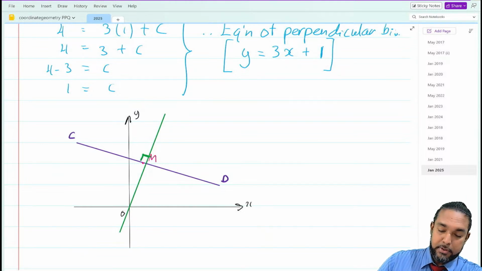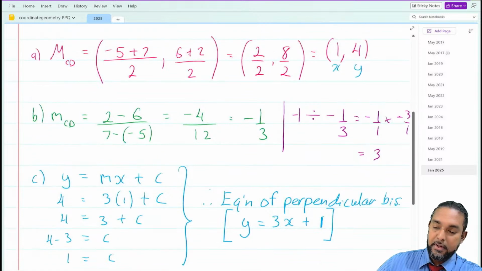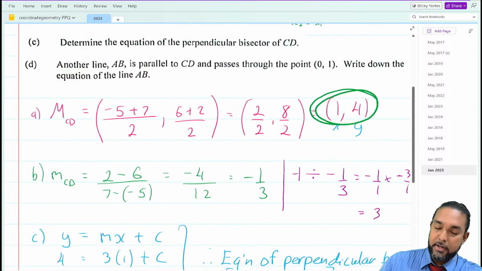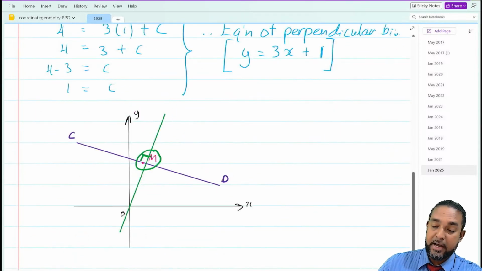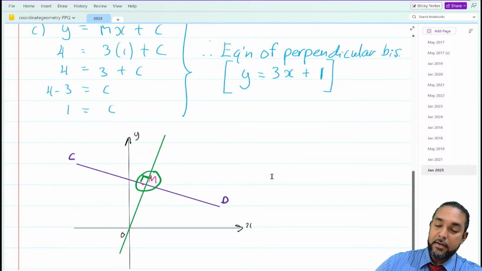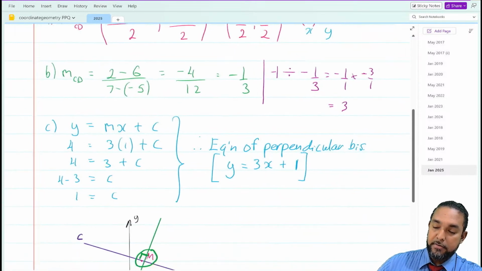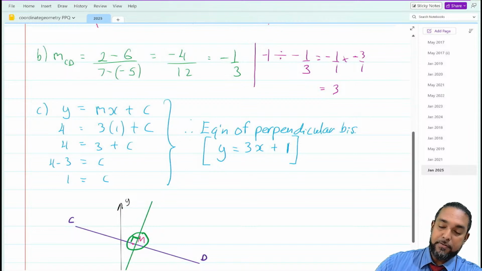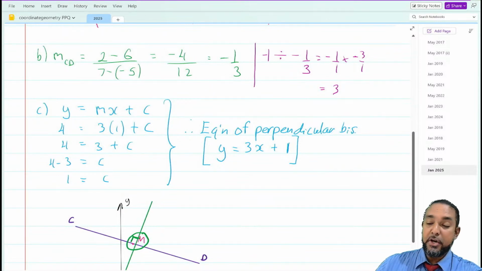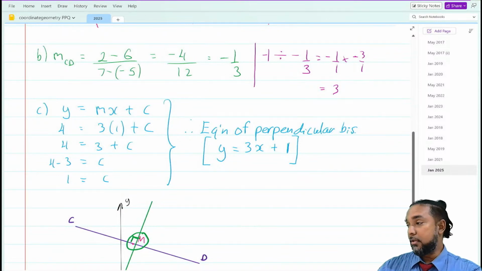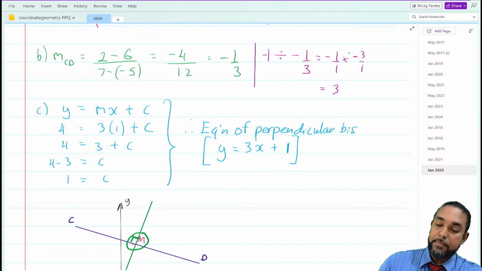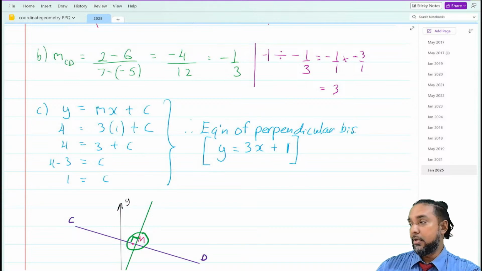If it passes through the midpoint, it passes through this point here, so you can use those points as they lie on that line. If we have the gradient of one line and want the gradient of the line perpendicular to it, we simply divide minus 1 by the gradient we have. We did that a little earlier today.